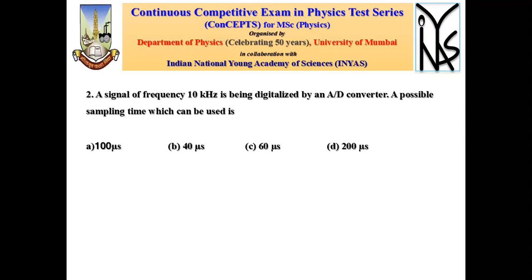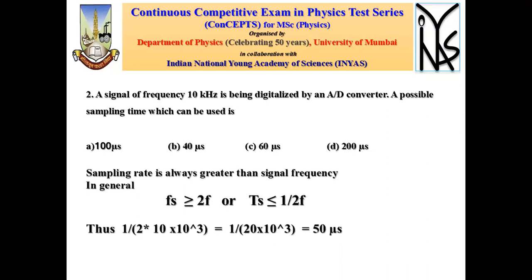So the chopping rate must be greater than the frequency of the particular signal. So there is some criterion that we have to understand. The sampling rate is always greater than the signal frequency in general. This is the sampling frequency, which is greater than twice the frequency under study. This is the approximation being used.